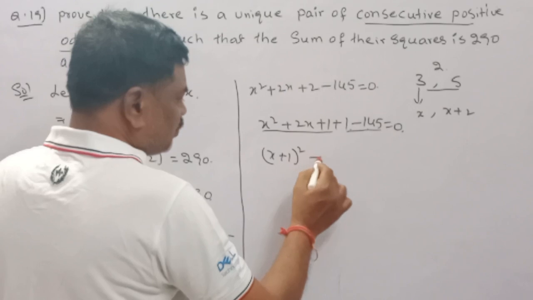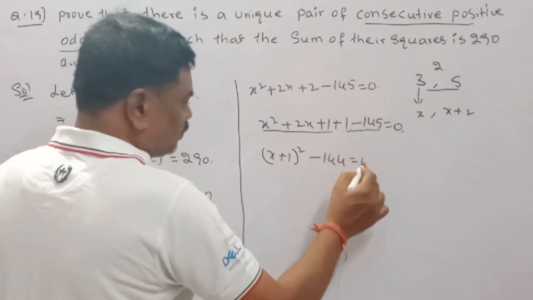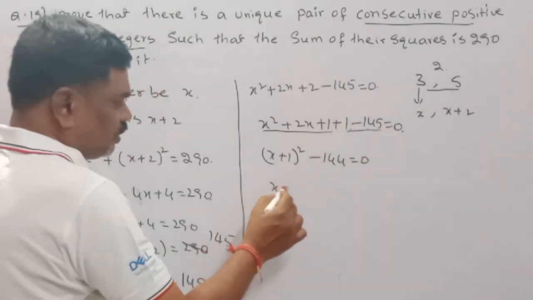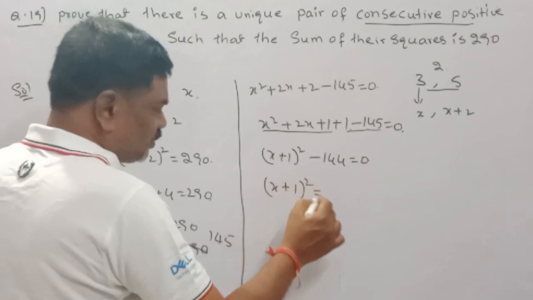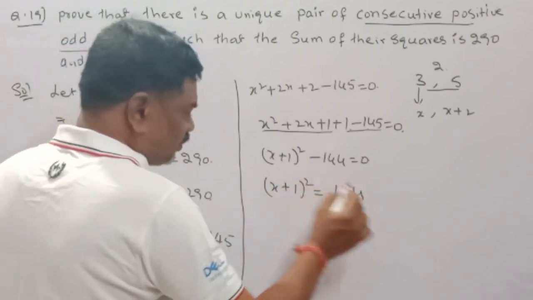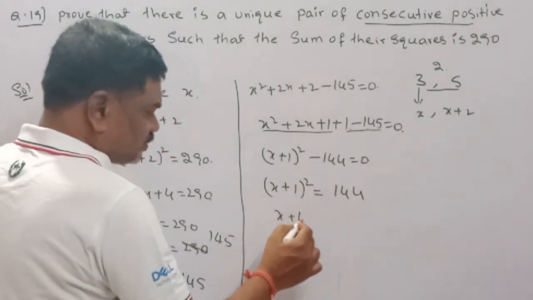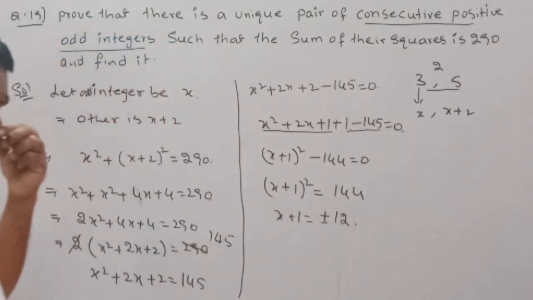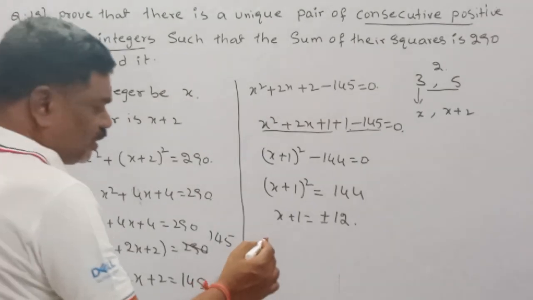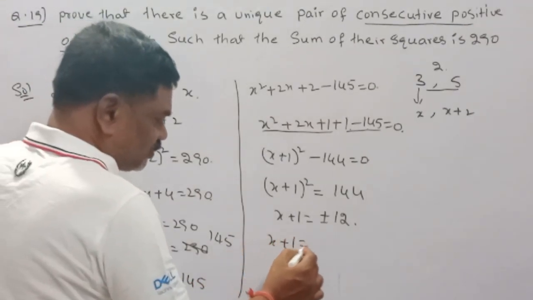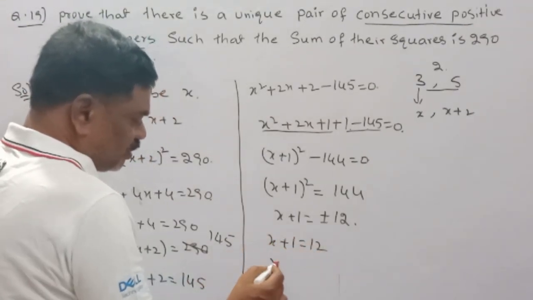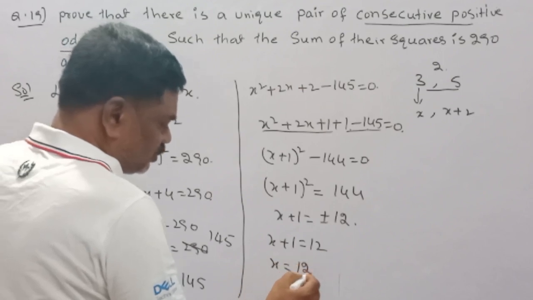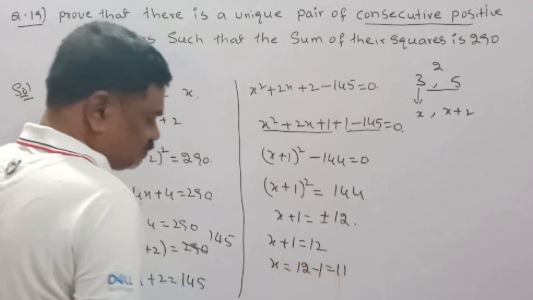This one minus 144 equal to 0. X plus 1 whole square equal to 144. X plus 1 is equal to plus or minus 12. So x plus 1 is equal to plus 12. X is equal to 12 minus 1, 11.